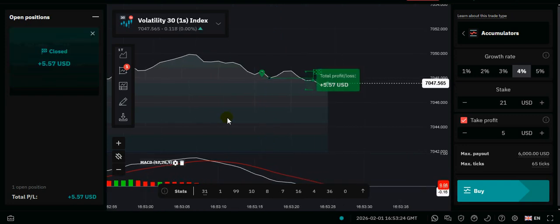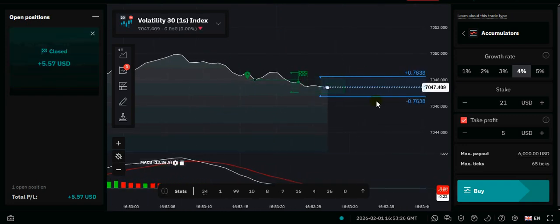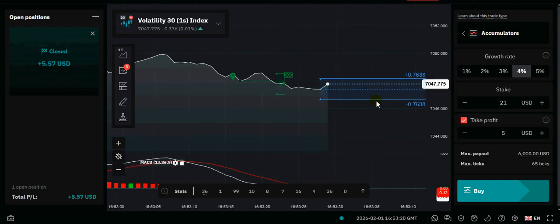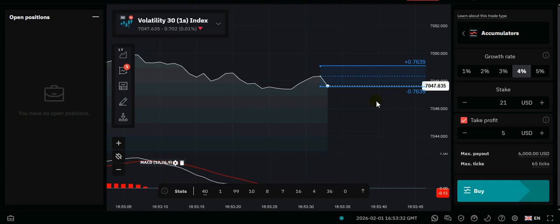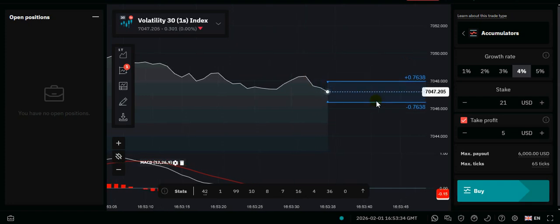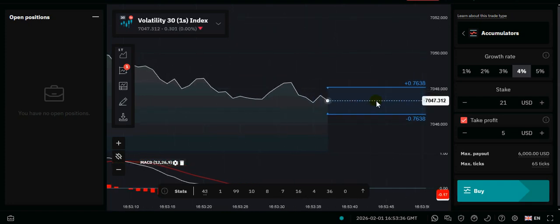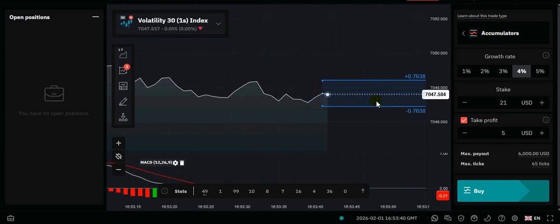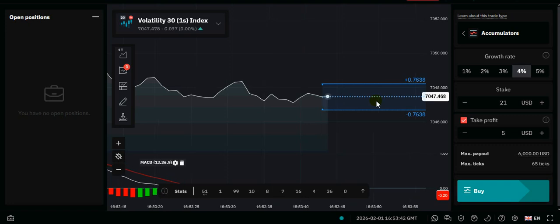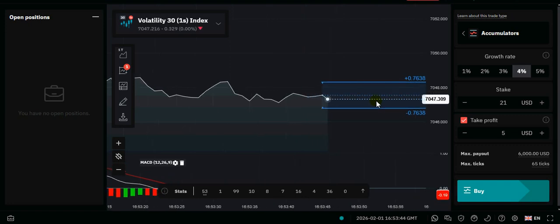So we're going to trade again. We're going to place one more trade because we have so many strategies to drop today. And I want to see you guys' testimony. I want you to tell me that you're making a lot of money once you watch all these strategies we'll be dropping today, as the first week of February 2026. And it will all be accumulators. So you can see we're at 52 right there, so you have to wait.